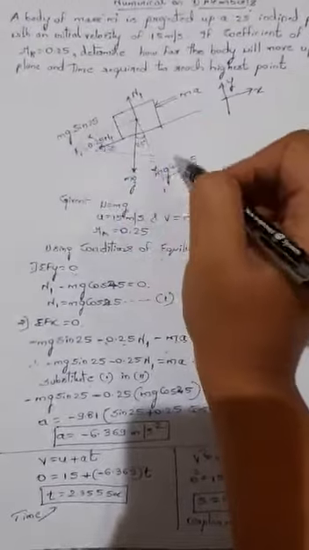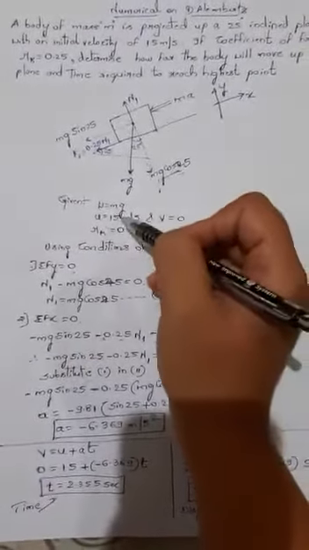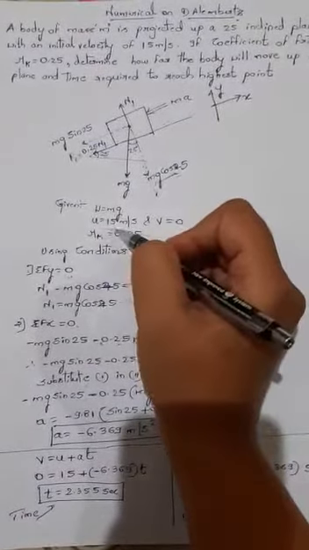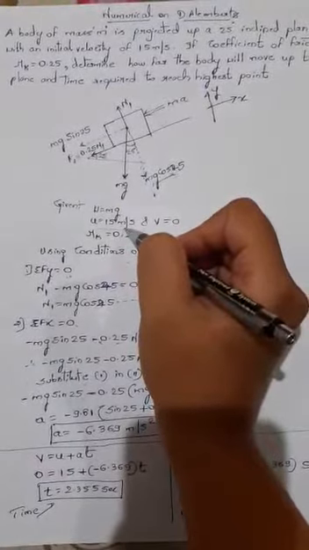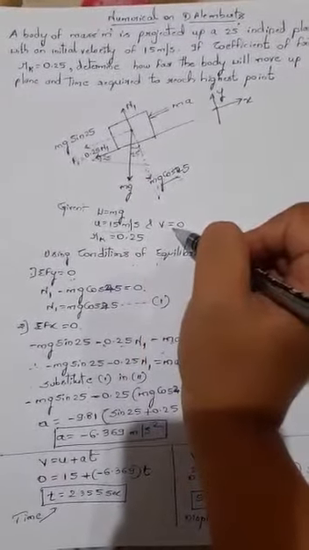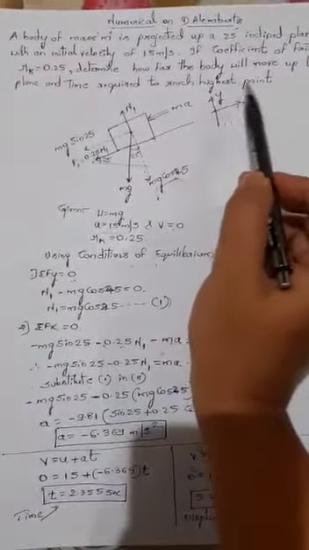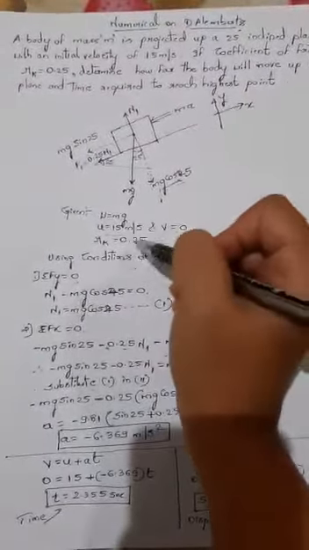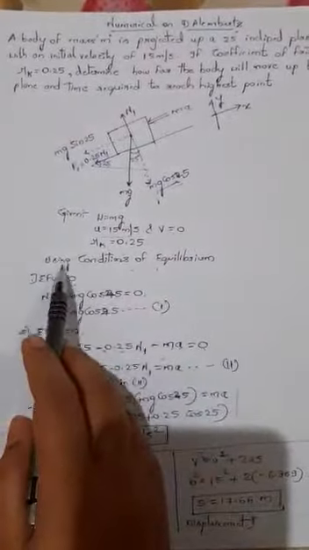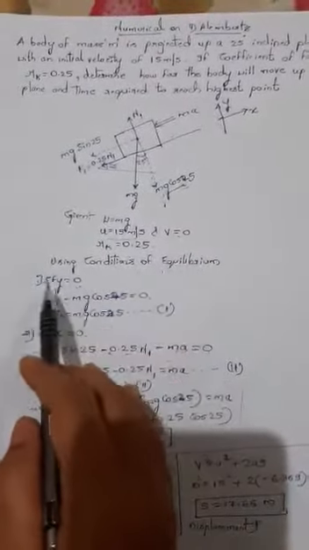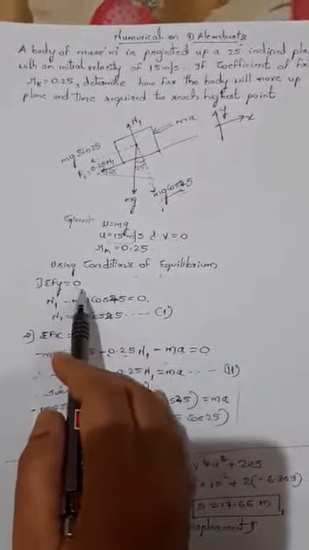Hence we have completed the free body diagram. In the given numerical, the initial velocity of the block is 15 meters per second and the final velocity is 0, because it is going to reach the highest point, which means it is going to stop. So v is equal to 0. Now we'll use the conditions of equilibrium. First, summation of Fy is equal to 0.